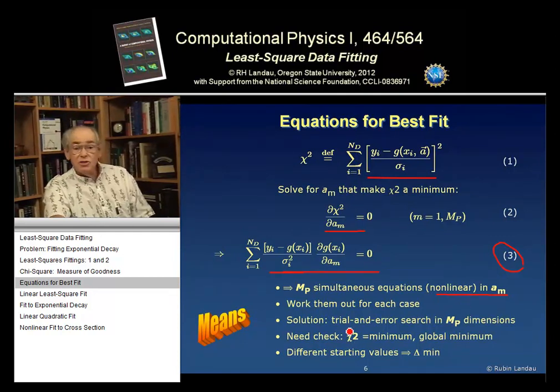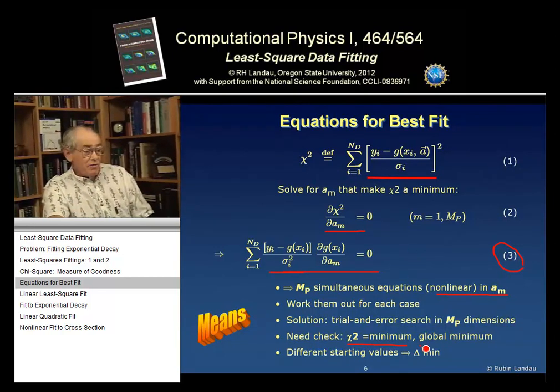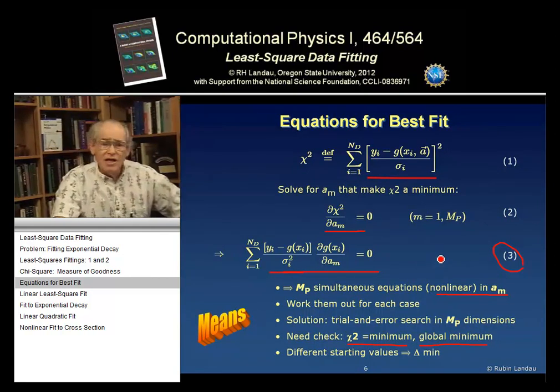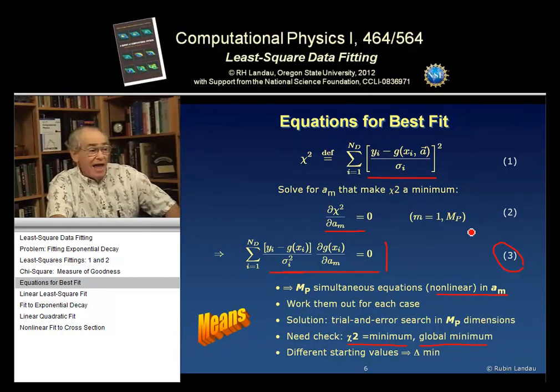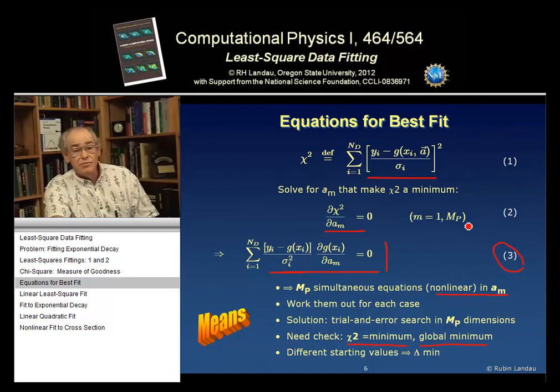In any case, you need to check 2 things. First, you have to check chi-squared's a minimum. Remember, the equations just tell you it's an extremum. You don't want it to be a maximum. That's easy to do. Second of all, you want it to be a global minimum. What are we doing here? Well, if we're going to solve all of these equations 3 for lots of parameters, we're going to do a search in an m sub p, which may be 5 or 6, multi-dimensional parameter space.